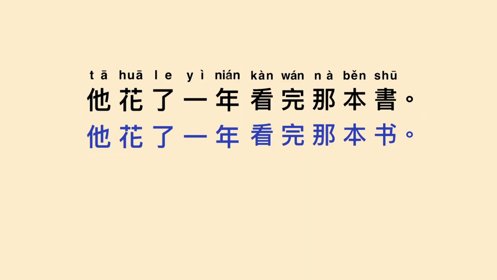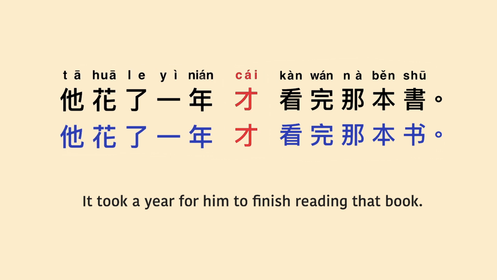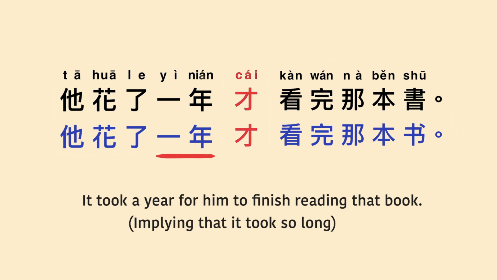Another example, 他花了1年看完那本书. It took a year for him to finish reading that book. This is an original sentence without adding 才. If you want to emphasize that you think spending 1 year finishing a book is unusually long, you can add a 才 after the time word 1年, 1 year, to indicate that this time is longer than you expected. 他花了1年才看完那本书.